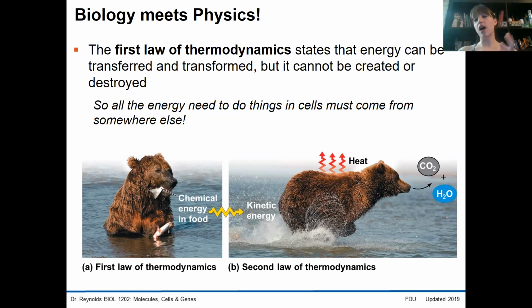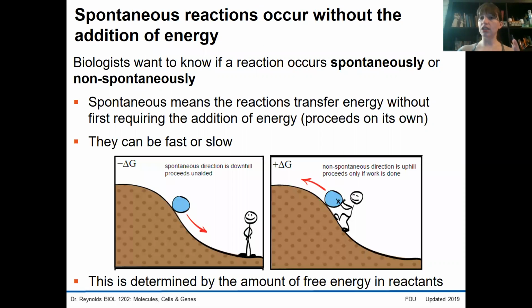So if you have a high free energy molecule, that energy is not going to disappear. It's going to have to be transferred somewhere. Now, biologists start by understanding how that transfer is going to occur. And we do this by deciding whether or not a reaction is spontaneous or non-spontaneous.